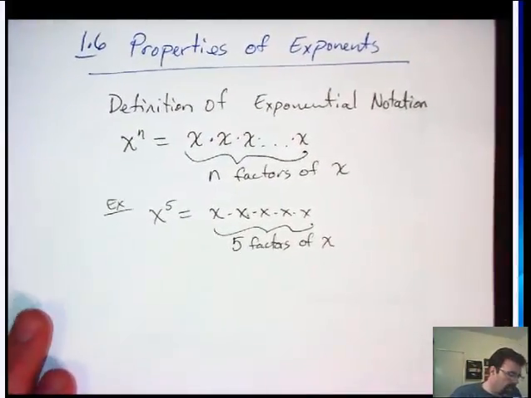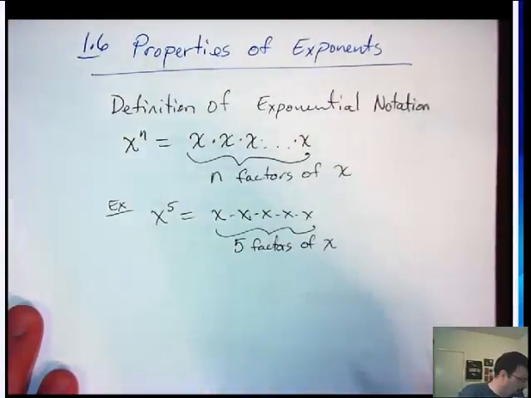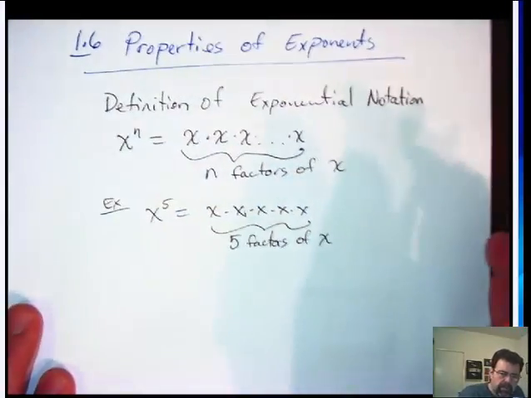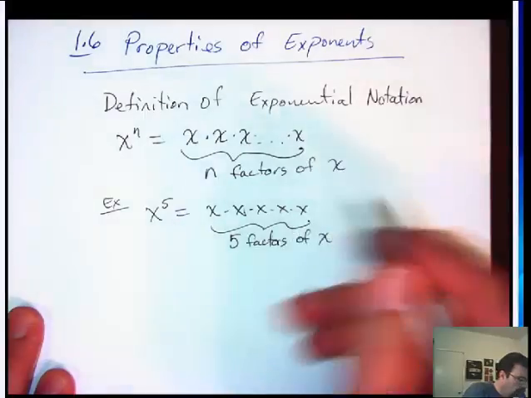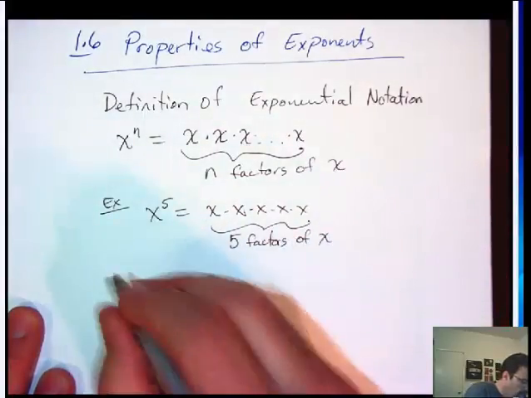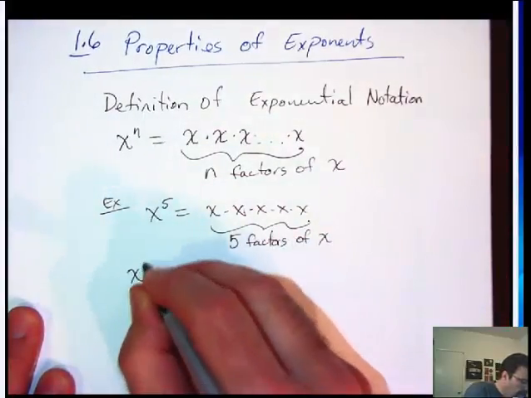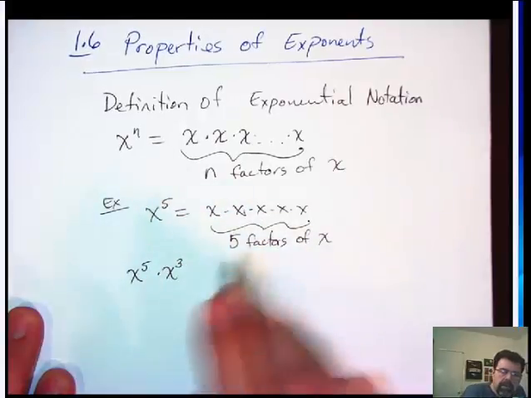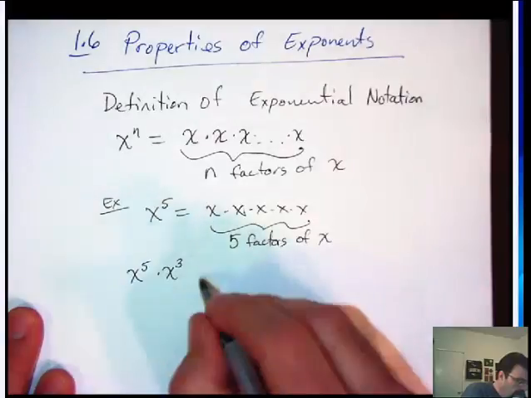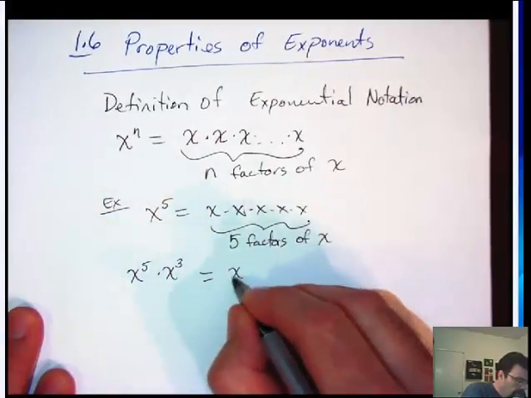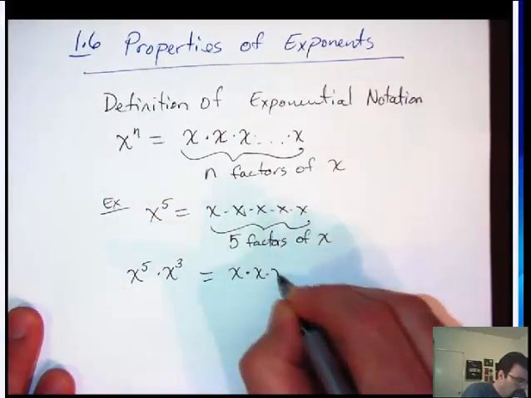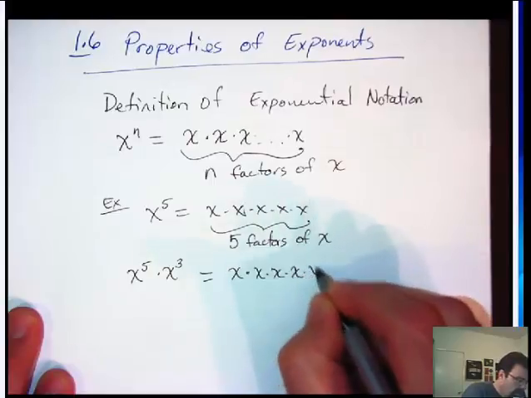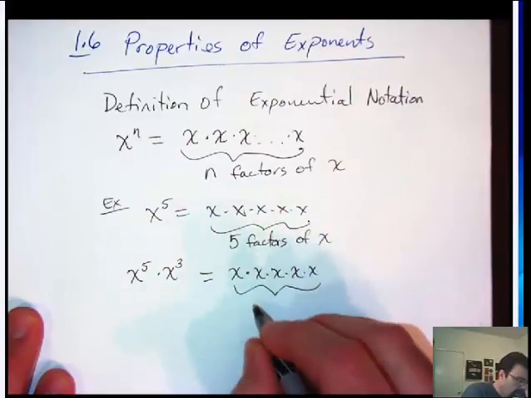All right. So with that in mind, we're going to go through all the properties of exponents. Your first thing, if I wanted to multiply, say, x to the fifth times x to the third. Well, if I used this definition above, x to the fifth is x times x times x, 5 factors of x.